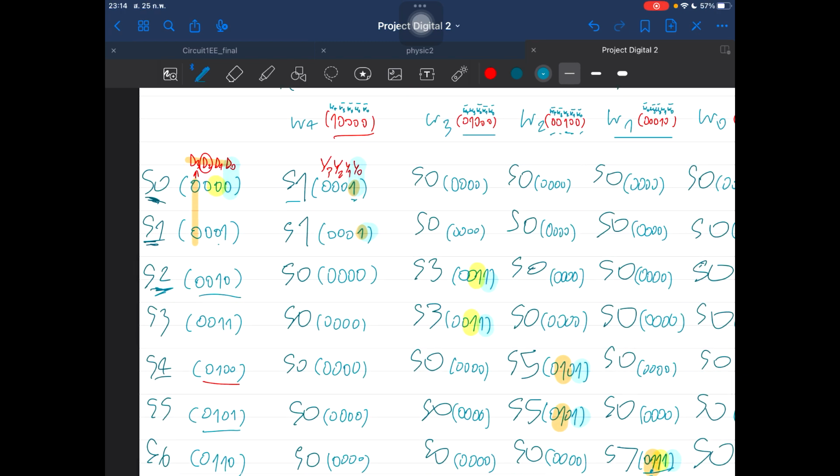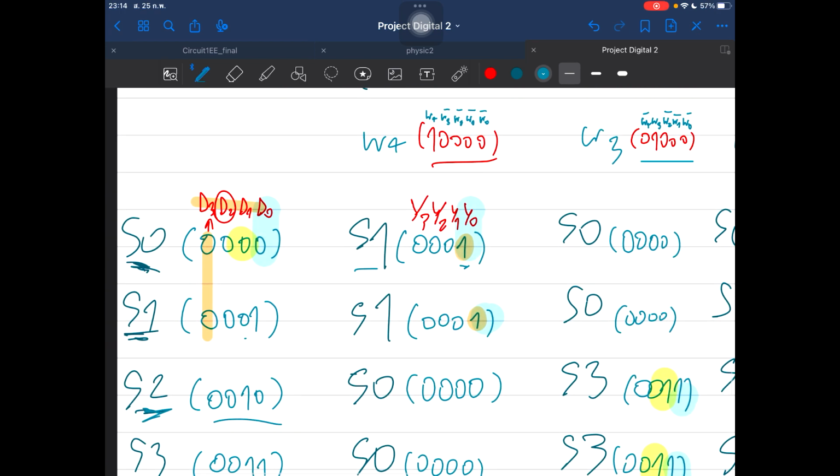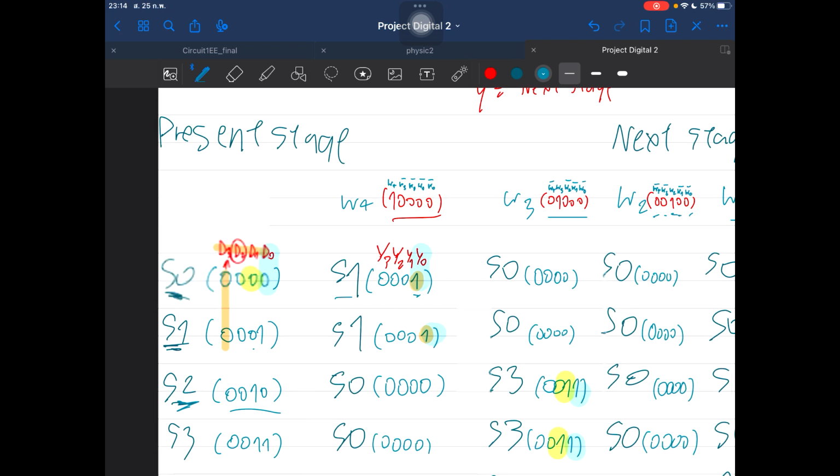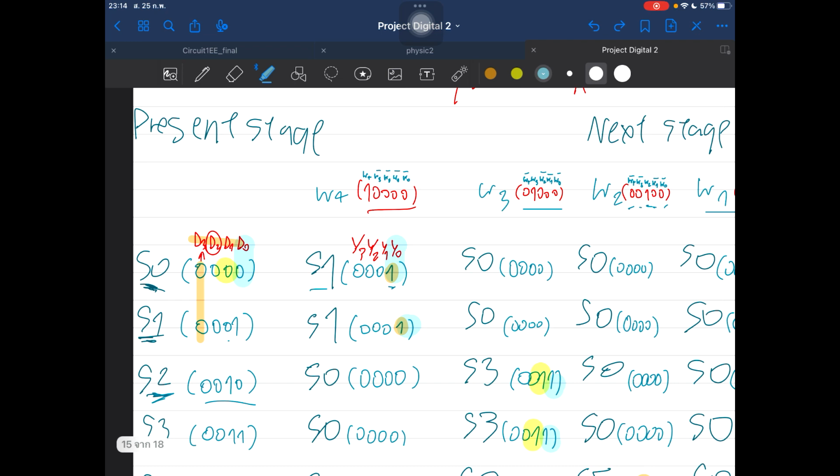Then we look at each location in the next state. The D3 line is here in the next state, the D2 line is here. D1 in the next state is here and D0 in the next state is here.